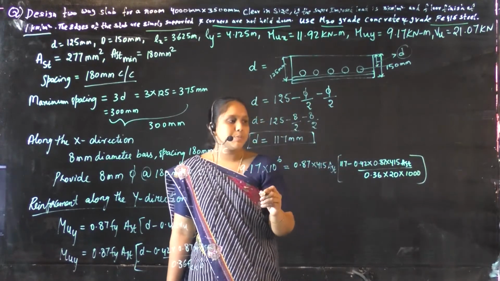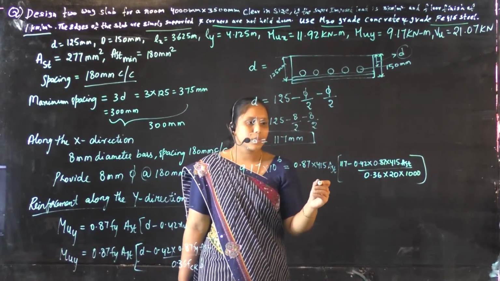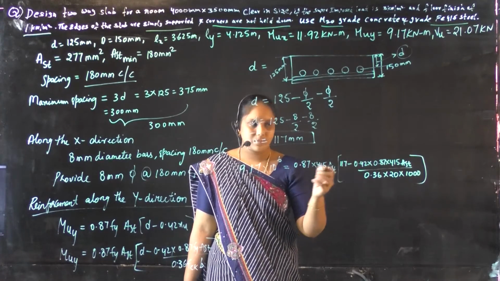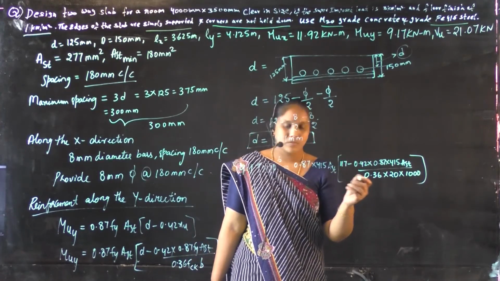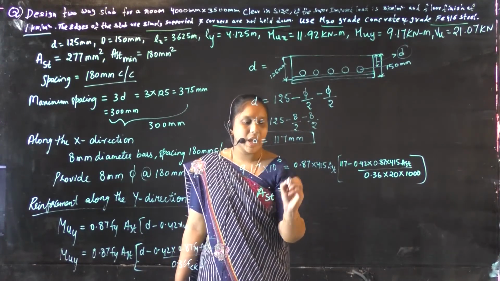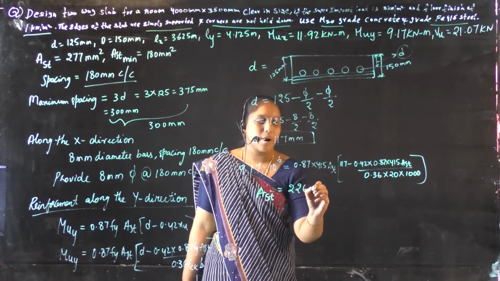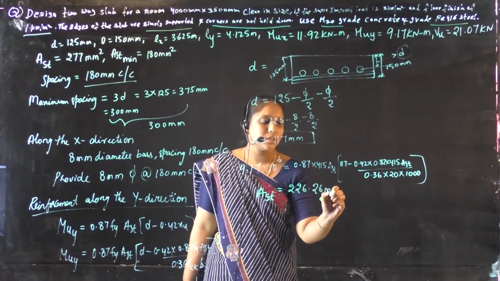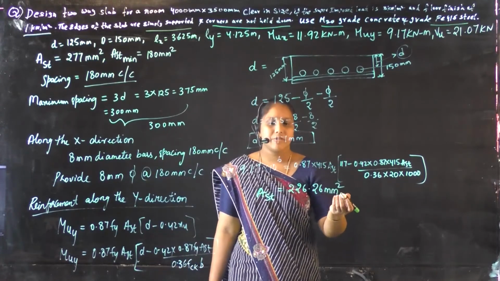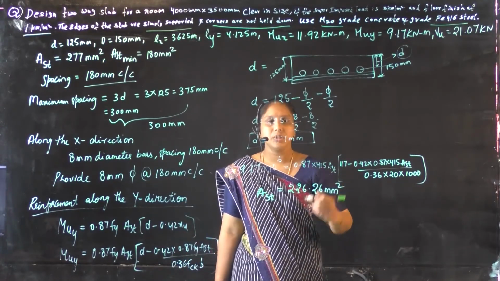So if you solve this particular equation, you'll get a value of AST as 226.26 mm square. So this is the area of steel what you'll get here, which is 226.26 mm square.